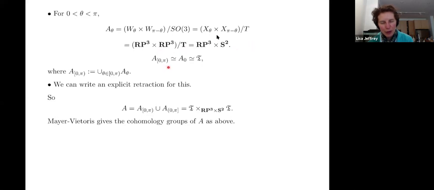We still have that A with the open interval is homotopy equivalent to the space of commuting elements. And as I said before, we're able to write an explicit retraction for this.